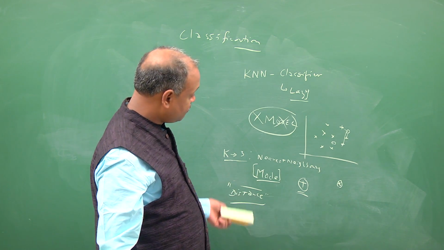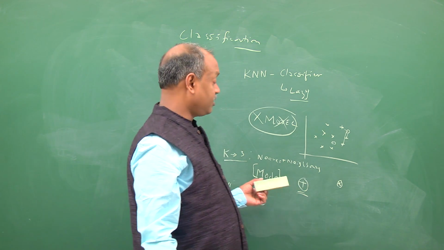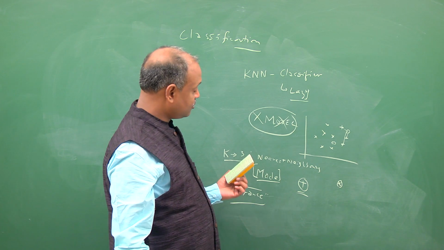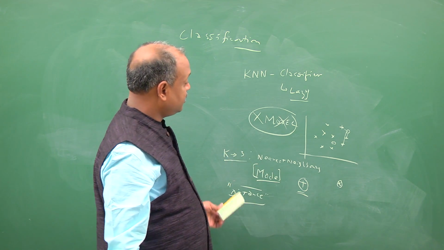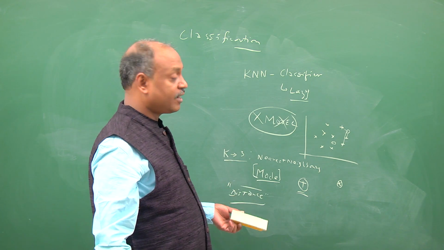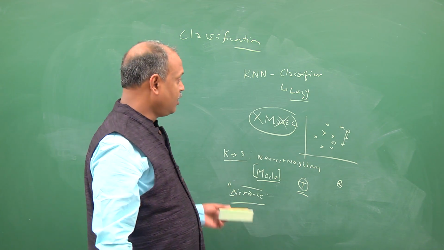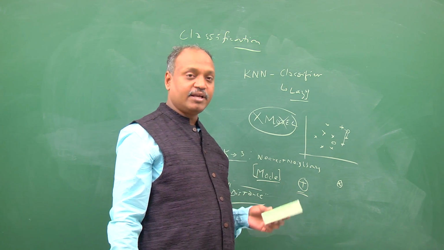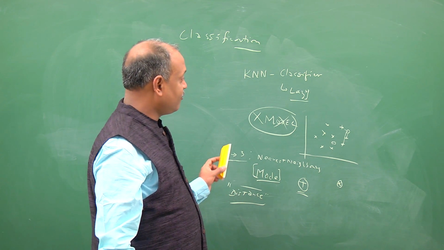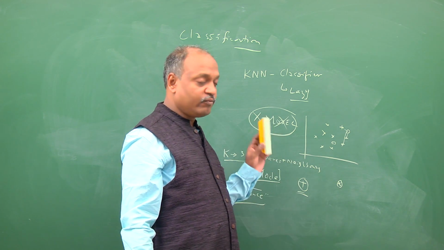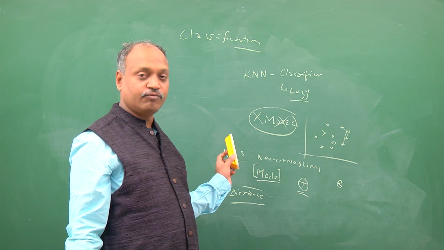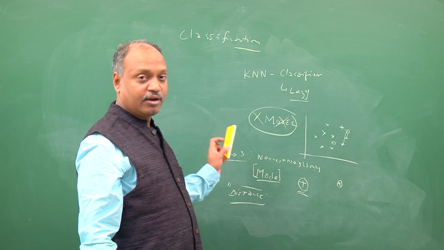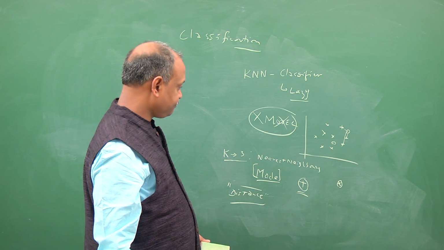It can be Euclidean distance, Manhattan distance, Descartes distance, or cosine distance. There are several variants of distance which have been proposed in the statistical history and used in machine learning. So as you see, the KNN classifier is a very simple classifier where we do not actually compute a model; we are lazy and compute the actual class based on the notion of distance and nearest neighbor when you get an actual new input.